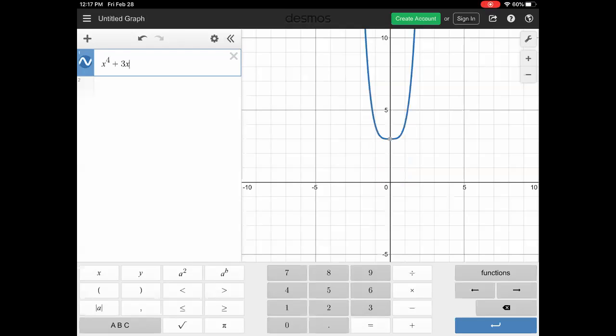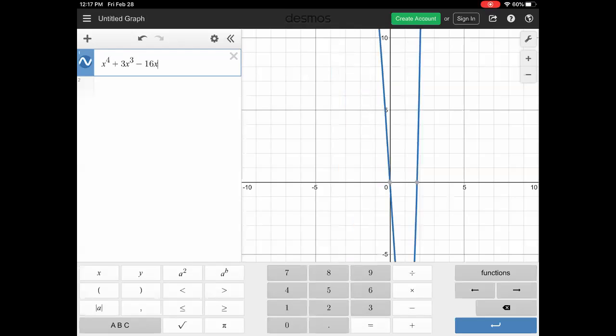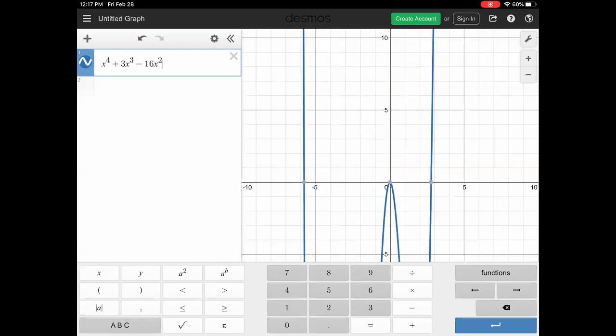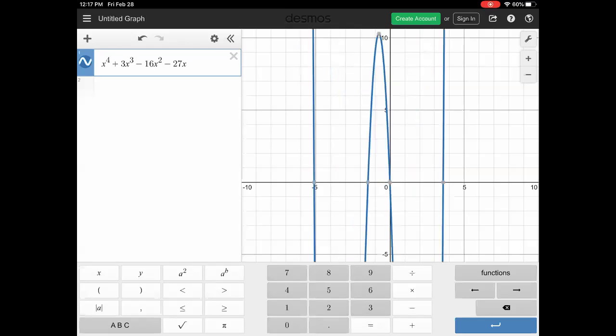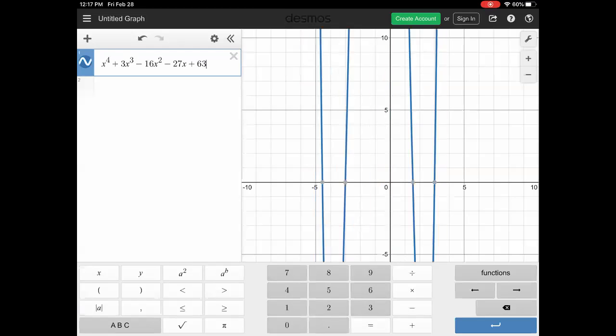Been there. 3x to the power of 3 minus 16x squared minus 27x plus 63. Okay. So here, these points are where it crosses the x-axis, right?